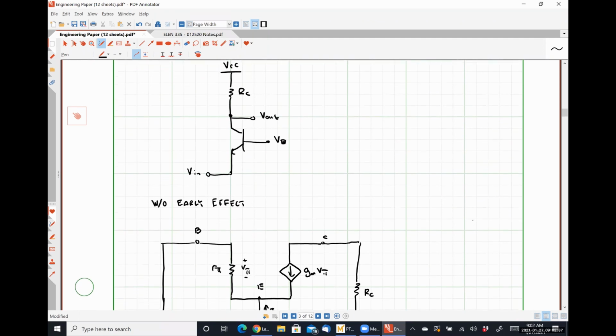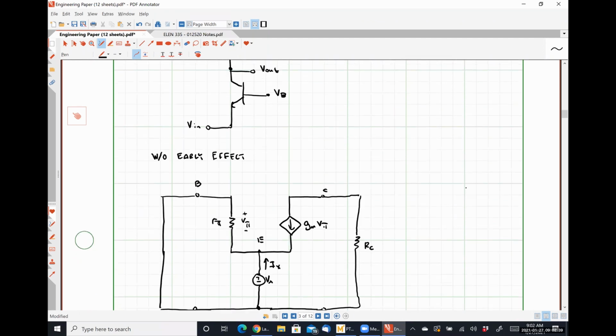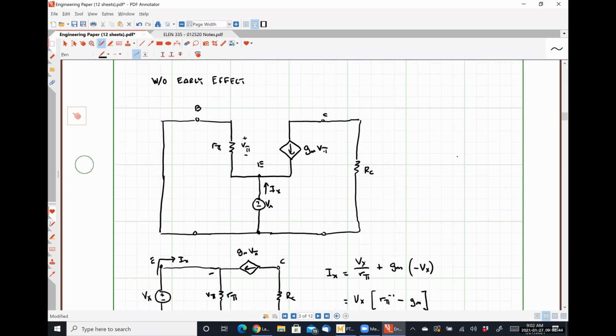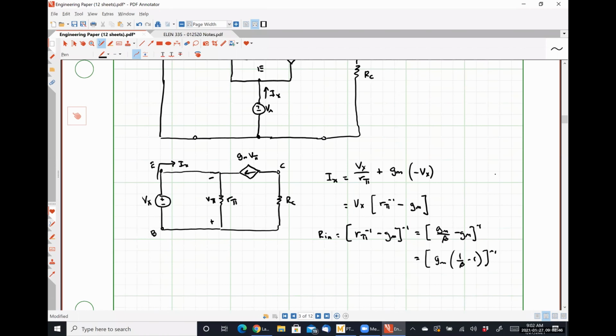RC is placed between the collector and ground. My base is shorted. Like I'm trying to figure out why it's not negative gm, whatever.